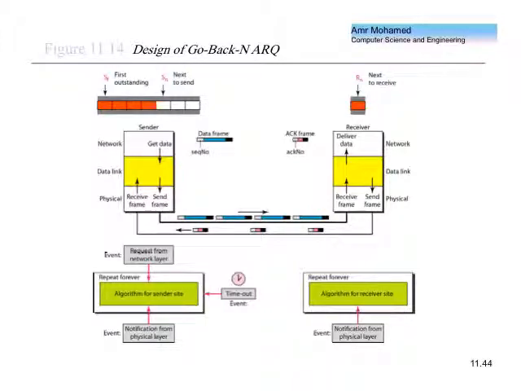So the algorithm itself, again, at a high level, is similar to stop and wait. Here we have 3 different events. From a high level point of view, it's still the same. We are expecting 3 major events. One is the request to send from the network layer.